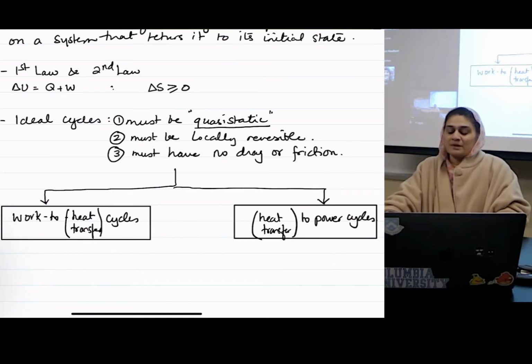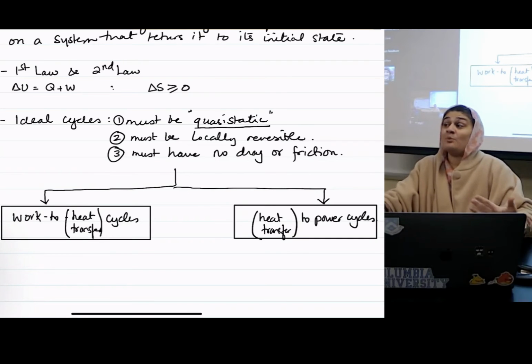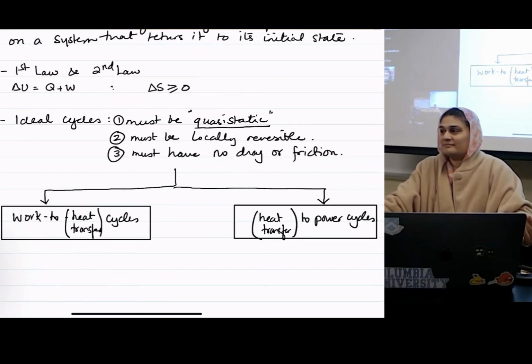What does the work to heat transfer imply to you? And what does heat transfer to power imply to you? What are you doing first in the work to heat transfer cycle? So you're doing some work to transfer heat to where it doesn't want to go.